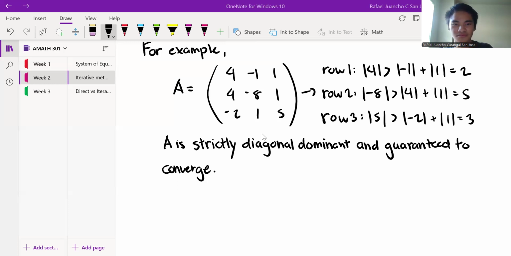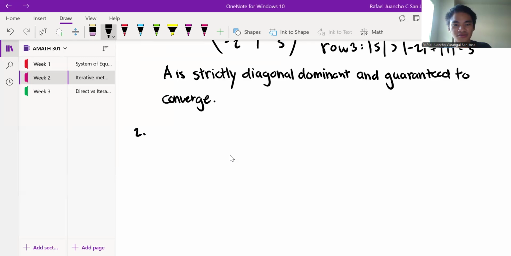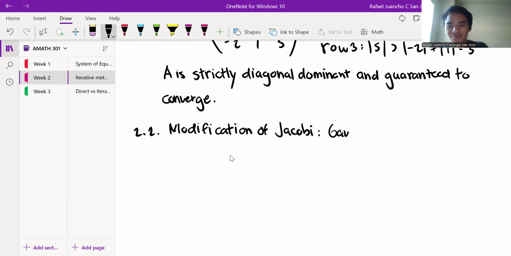Let's just talk about it really fast. So here it's actually just the modification of the Jacobi scheme, and we call it the Gauss-Seidel method. And it's basically a modification of the Jacobi scheme.